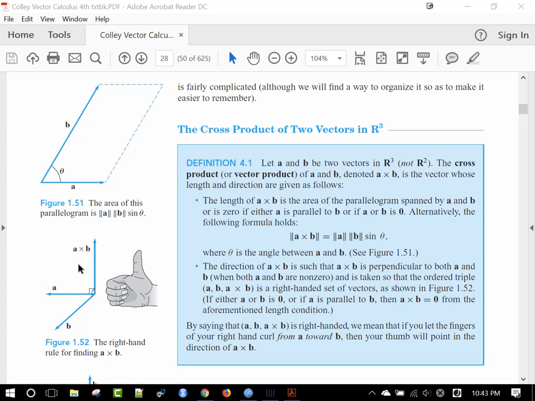So in other words, if I want to know what A cross B is, I take my right hand and I point it in the direction of A, and then I rotate my fingers, or A, towards B, and then the cross product is going to be a new vector, and what we're trying to figure out here is what direction does it point, and it's always going to be perpendicular to the plane AB, but there are two directions it could be.